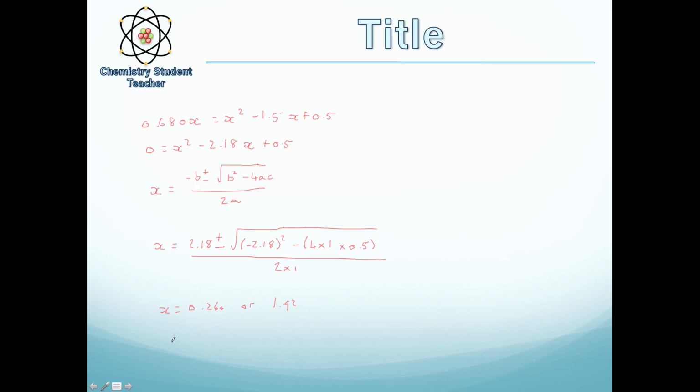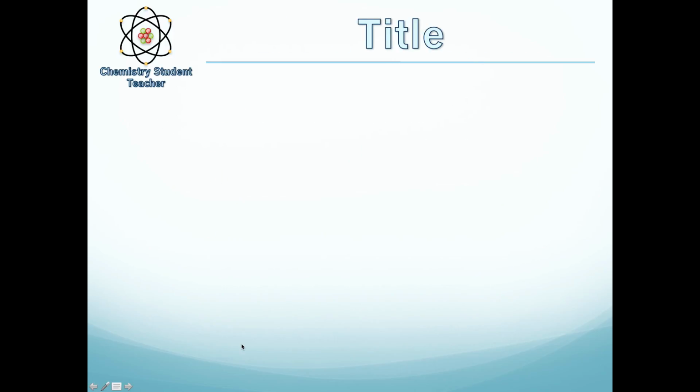That's not how the physics works. So therefore, x cannot be 1.92. So let's get up another slide. So if x can't be 1.92, that means x has to equal 0.260. Brilliant, we found out x.